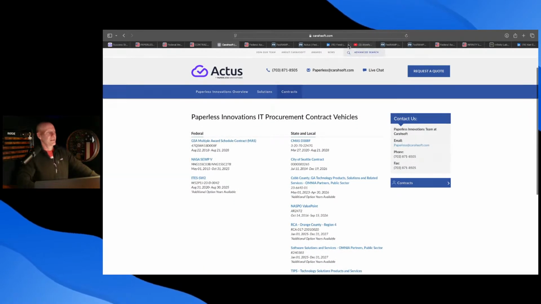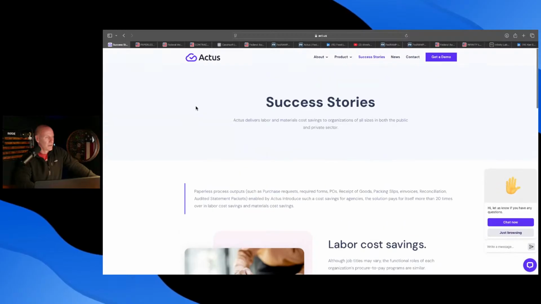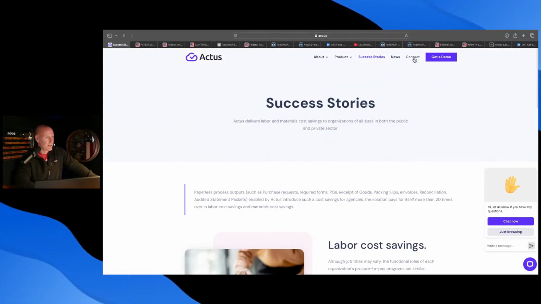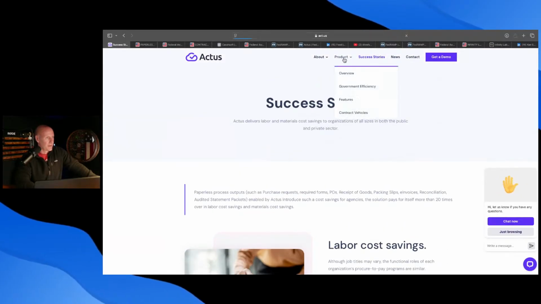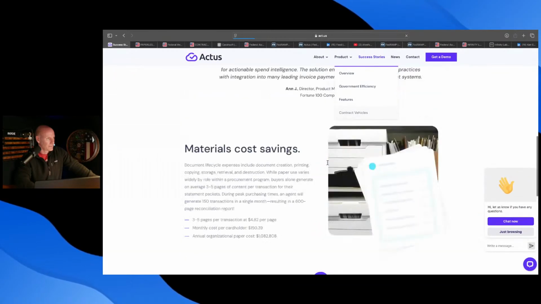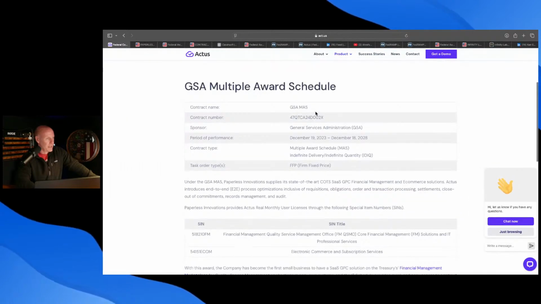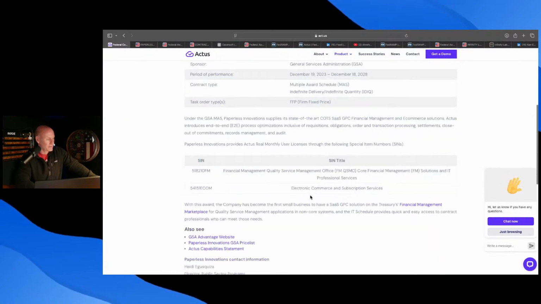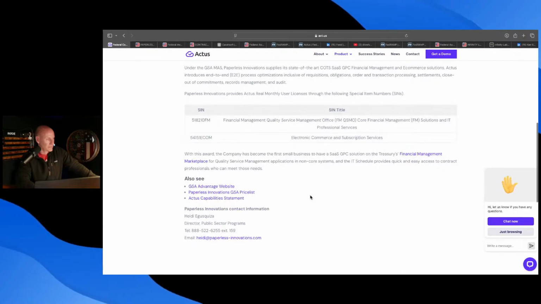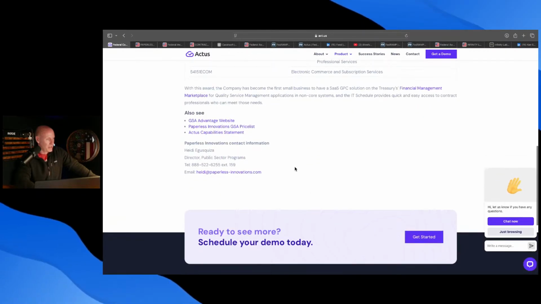Remember when we went to, okay, so that's one critique I have for this company, right? When we went here, this is the Actus website, they've got contract vehicles. When I'm looking at these federal contract vehicles, they have GSA. Here's their capability statement. Maybe we'll check that out too.